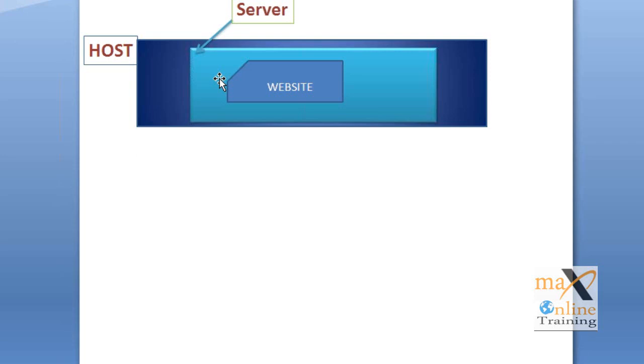But if I wanted to give service to more than 100 users or more than 1000 users, it has a limited capacity. In such case, obviously it will be a burden to the server, so it cannot provide better service to 100 users because it has the capacity to provide only 10 users.